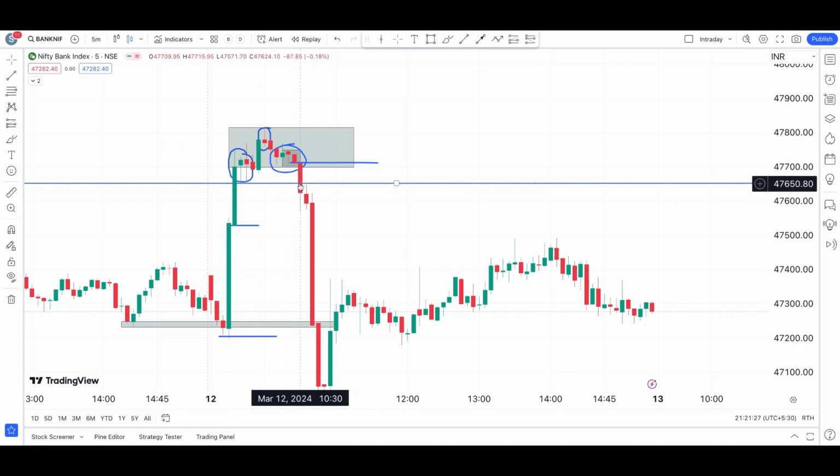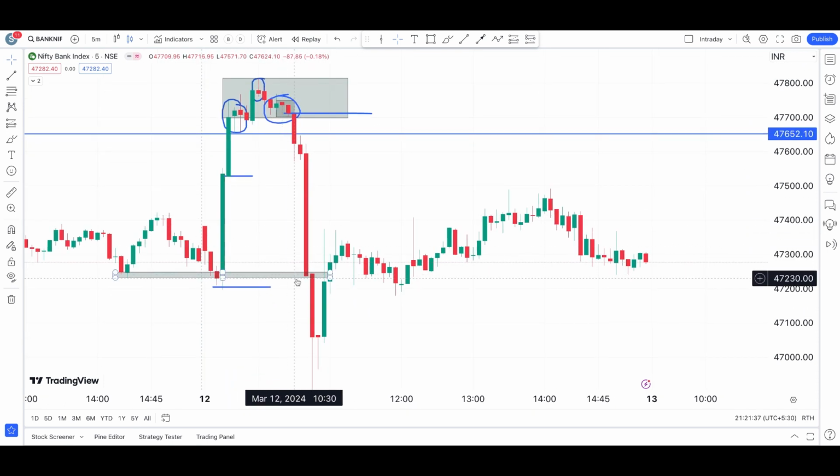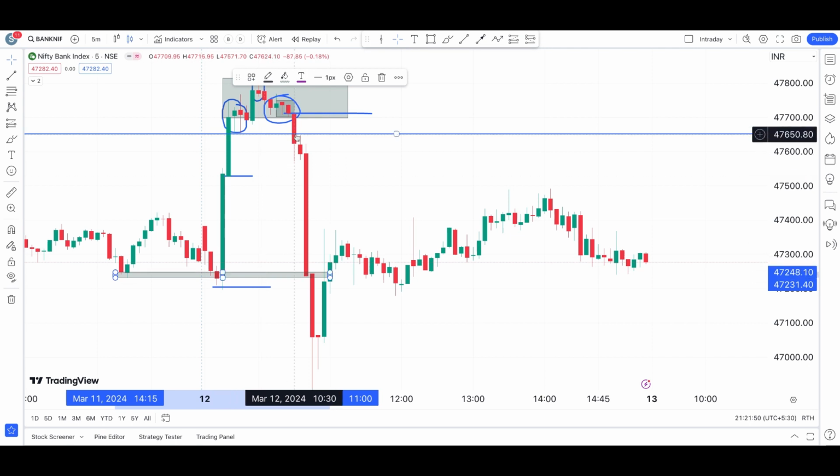So in this case, many people who have taken an entry by identifying these three areas could have kept their target towards this, because this is a small minor indication towards the downside. This becomes a minor target, but your real target is this zone itself.